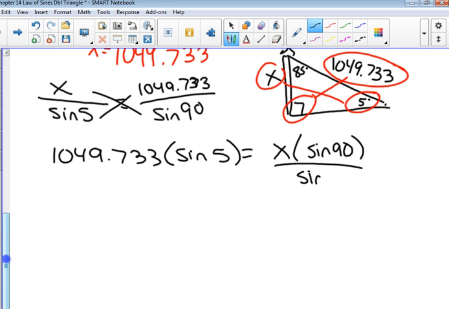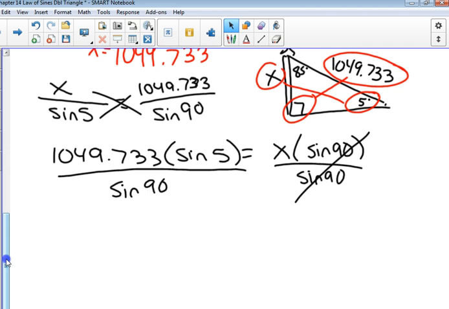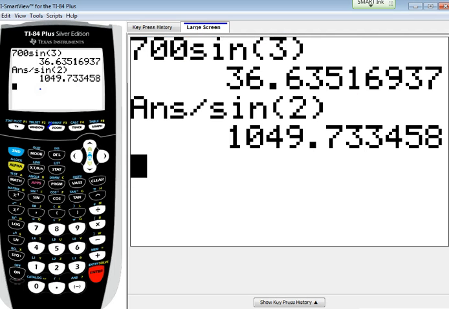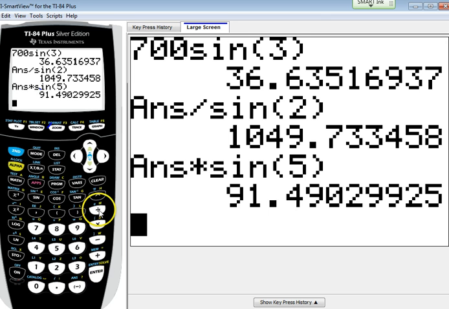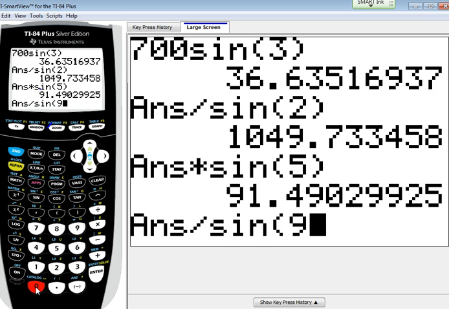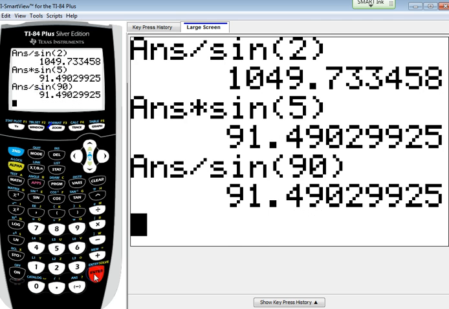So I would take this times the sine of 5, and then divide that by the sine of 90. And your sine of 90 is just 1, so when you divide by 1, your answer's not changing.